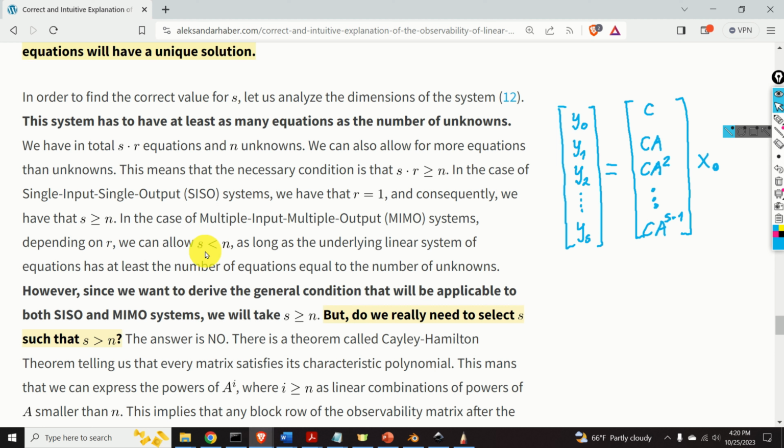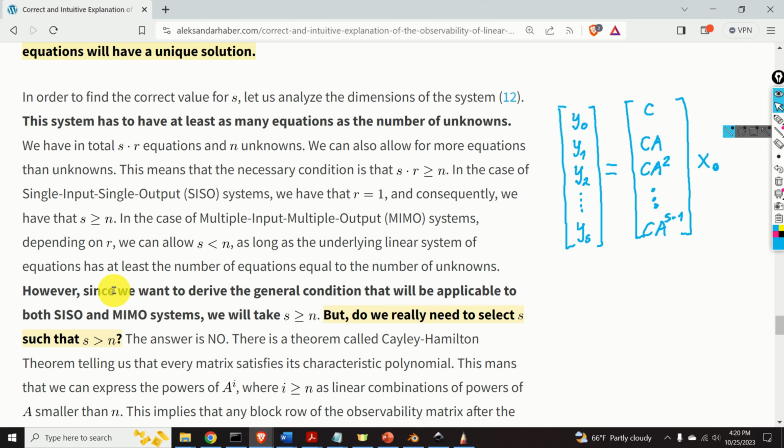In the case of multiple input, multiple output systems, depending on r, we can also allow for s smaller than n, as long as the underlying linear system of equations has at least as many equations as unknowns. And this is the example that we considered previously.